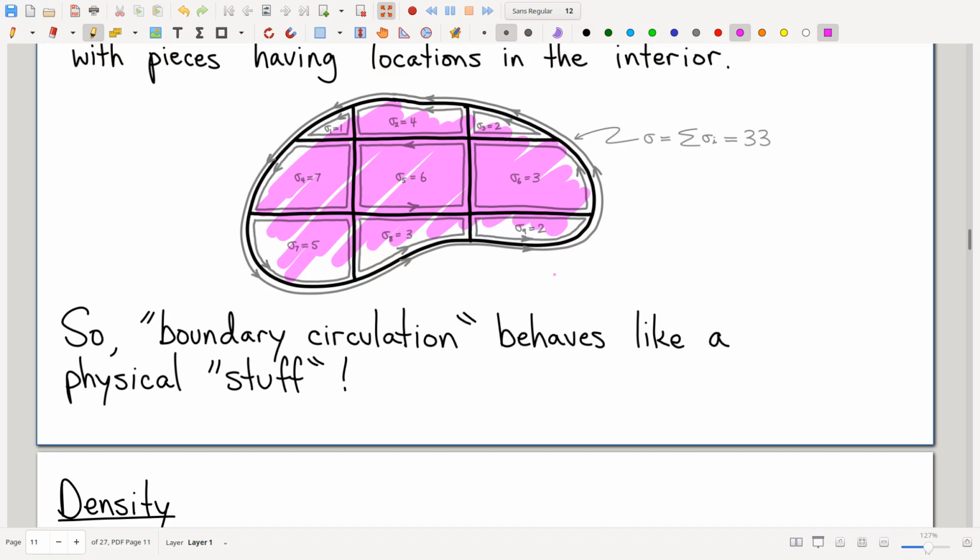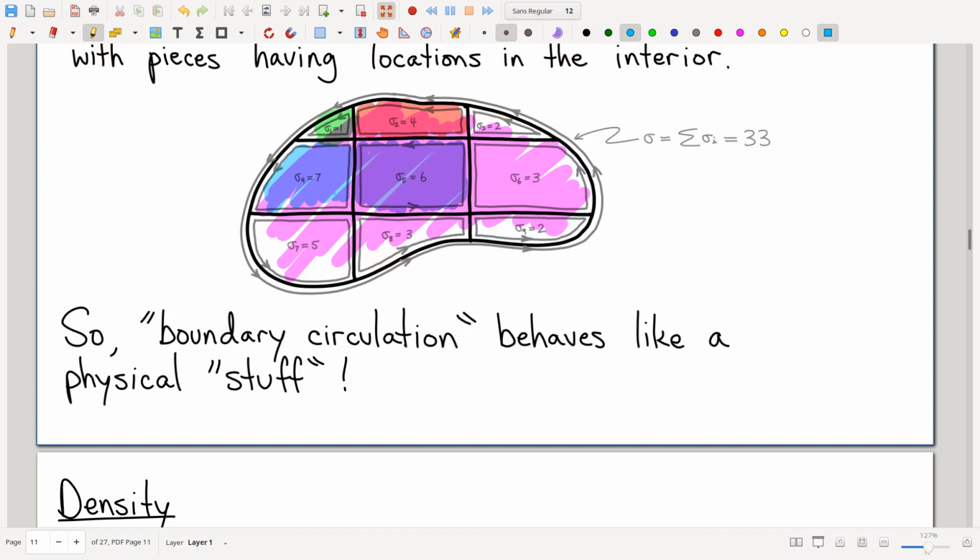And the boundary circulation on this region plus the boundary circulation on this region plus the boundary circulation on that region plus the boundary circulation on this region, right? We know that these add up the way they're supposed to because we already know that this is an accumulating quantity.